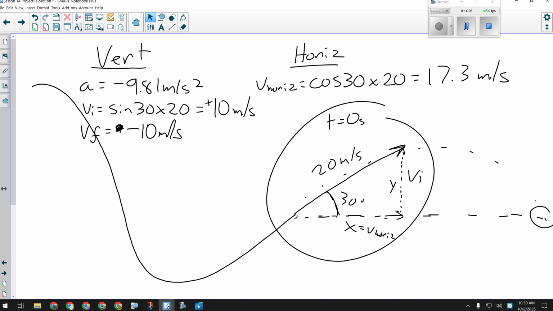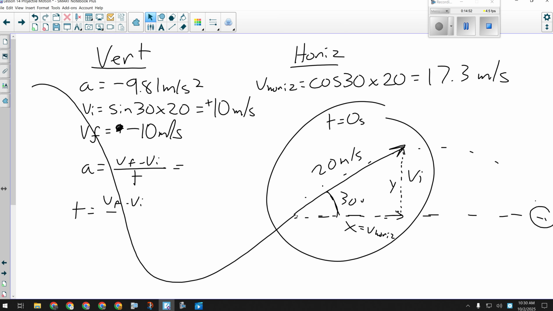Okay. Vertically speaking, I have acceleration, VI, and VF. What can I calculate if I have those three things? Time. Can I use time on both sides? Okay, that's useful. So A equals VF minus VI over T. Okay, so if I manipulate this, I can get the time.